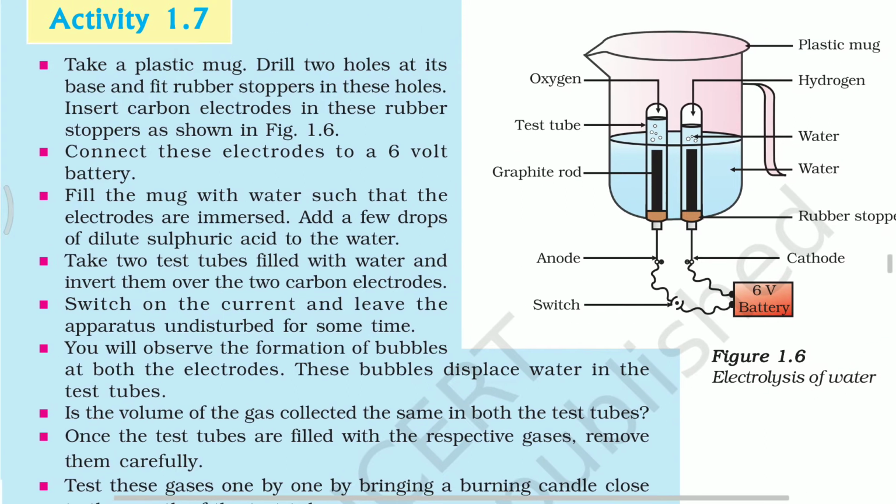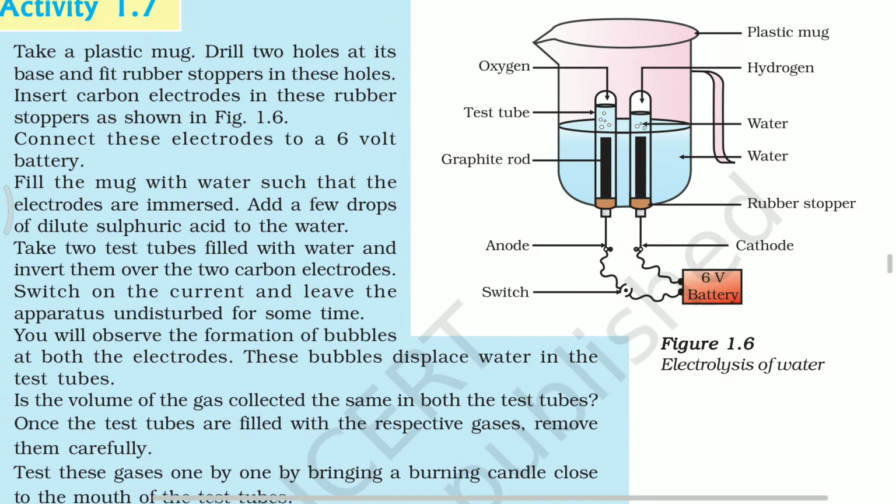If you bring a burning matchstick to any test tube, it will be put off with a pop sound, that is hydrogen gas. Or the burning matchstick burns with a brighter light, that is oxygen gas.